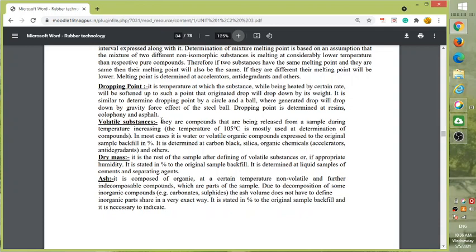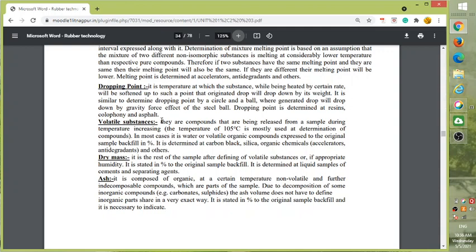Now, volatile substances. They are compounds that are being released from a sample during temperature increasing. The temperature of 105 degrees Celsius is mostly used at determination of compounds. In most cases, it is water or volatile organic compound, expressed to the original sample in percentage.